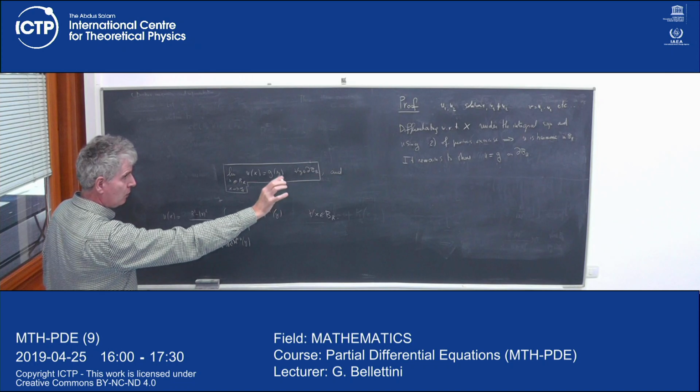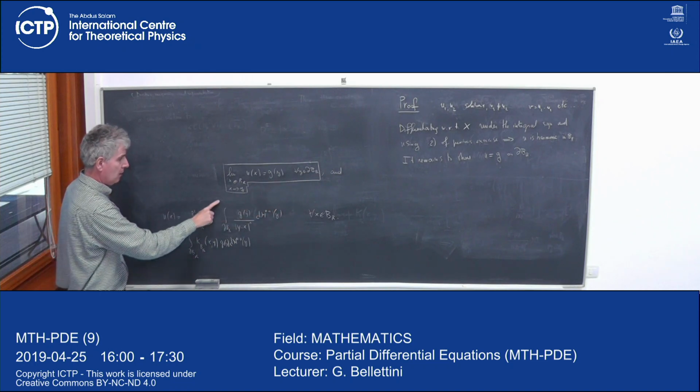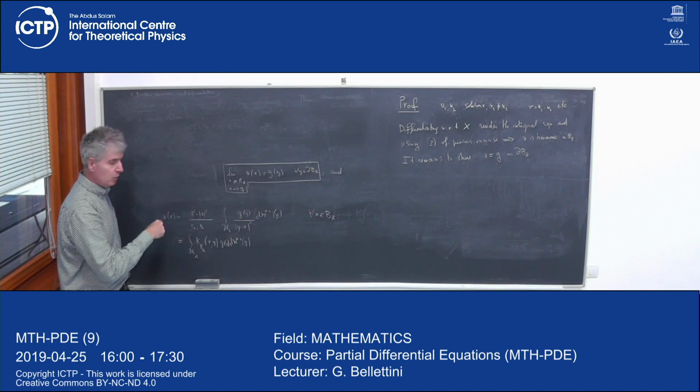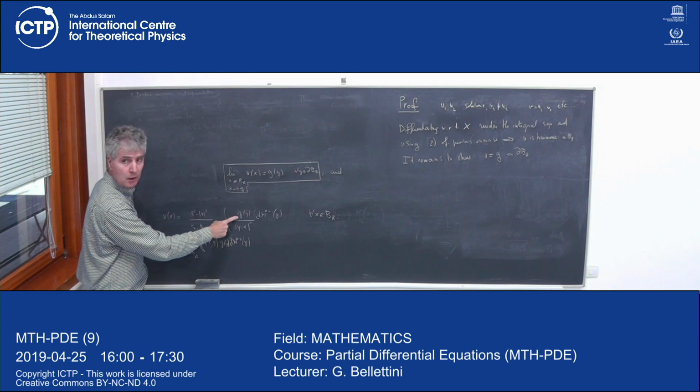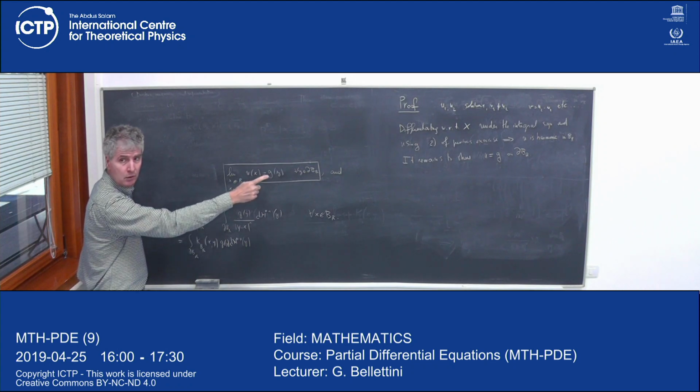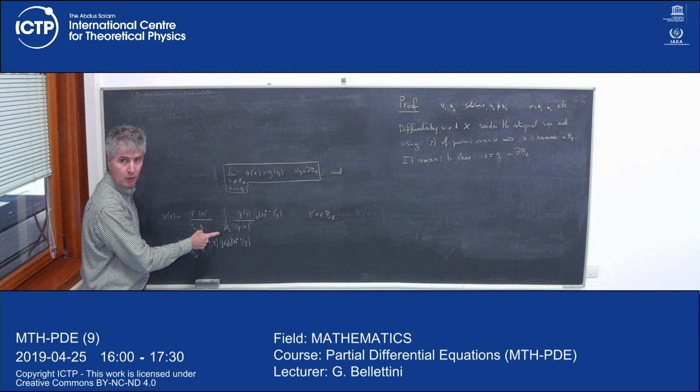Okay, it remains to show this because once we have that, by our previous theorem, which was valid for u, since we have this condition, we also have this representation formula.